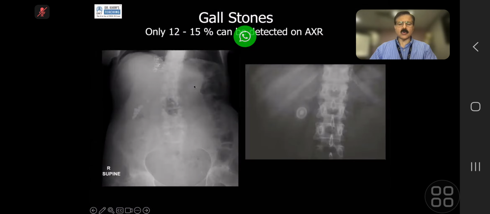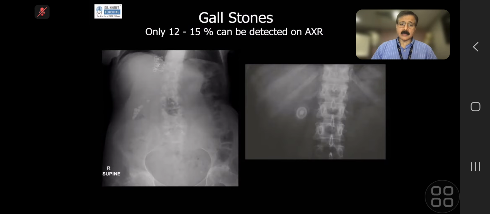So gallstone, please remember that studies have shown only 12.5 to 15% of them have got calcifications, which can be seen on X-ray. And similarly, CT is not a very good modality to pick up gallstones, though in large gallstones, because these are cholesterol stones, there might be calcification.